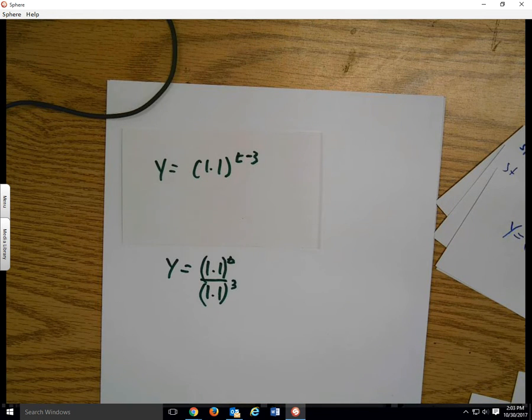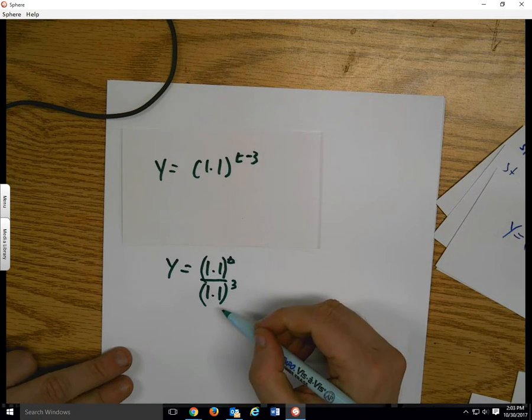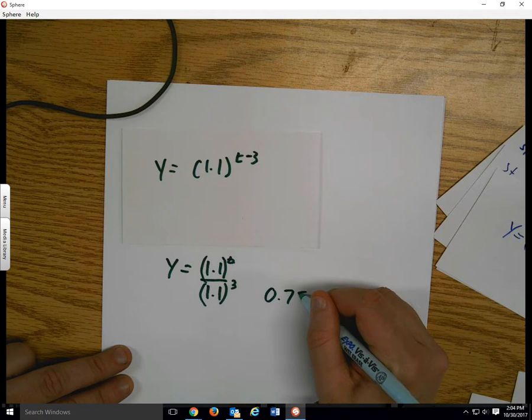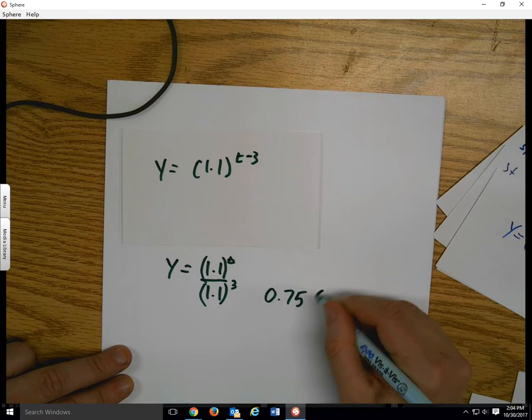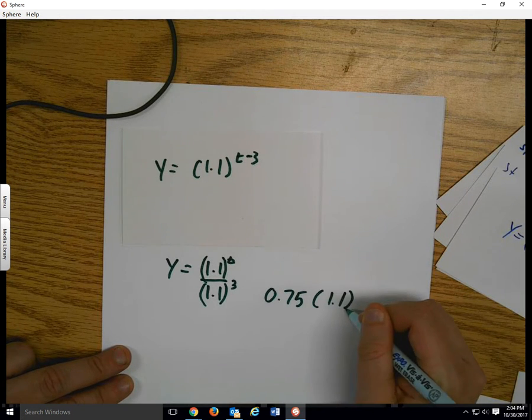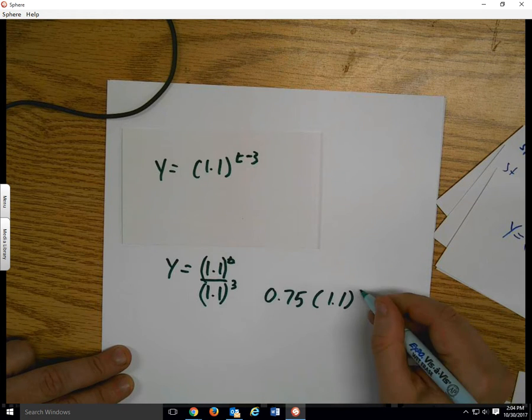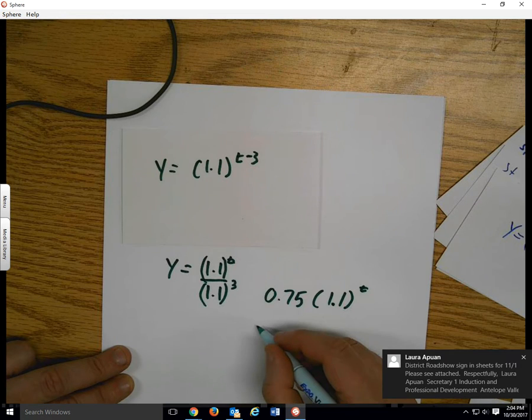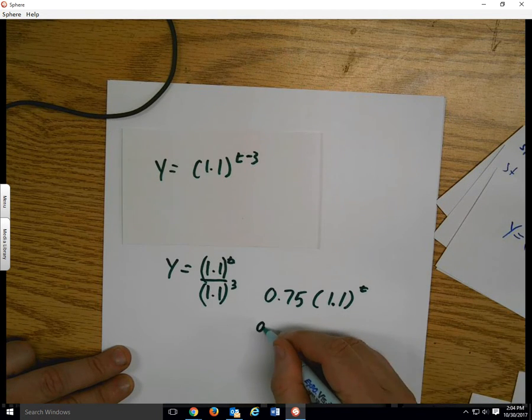So if we were to bring that in the numerator, it would be roughly 0.75 times 1.1 to the t. And since that's greater than 1, it would be exponential growth, right? Growth.